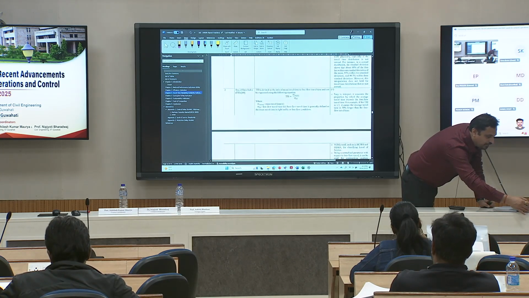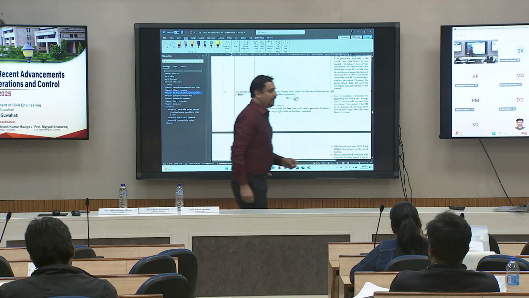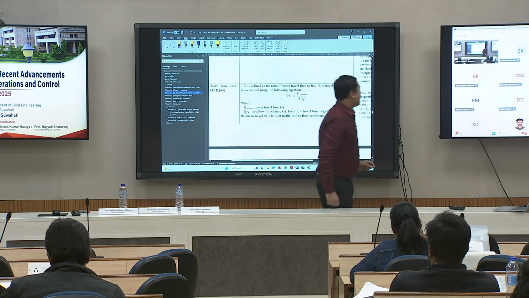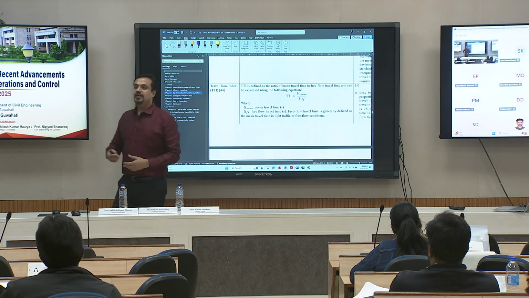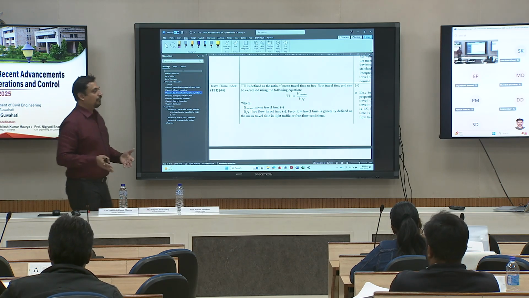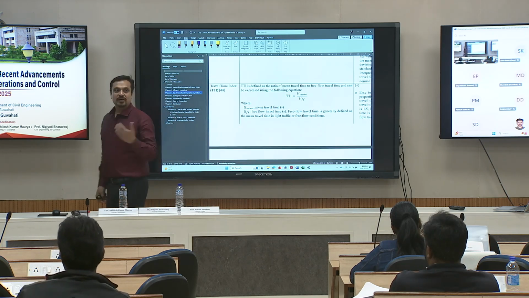For example, the travel time index is another reliability indicator, which defines the ratio between the mean travel time and the free flow travel time. Say it takes me 10 minutes to go from A to B in free flow condition, but today, in congested condition, it takes me 20 minutes.